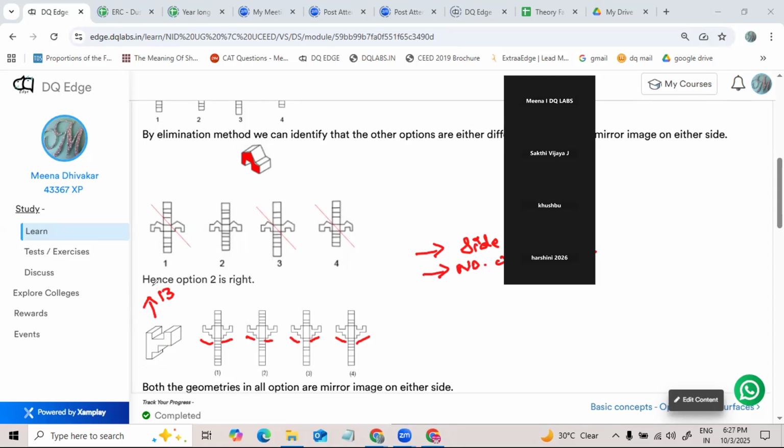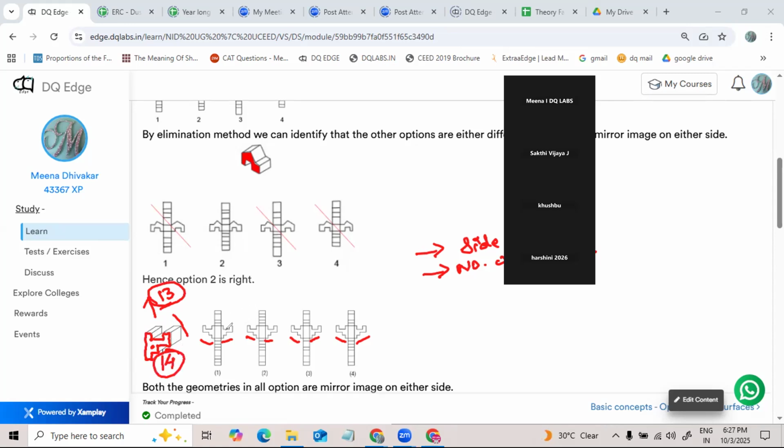Let me count: 1, 2, 3, 4, 5, 6, 7, 8, 9, 10, 11, 12. This is 13, and the opposite side is 14, no? How come you got 13? You left the front view. Yes, ma'am, it should be 14.